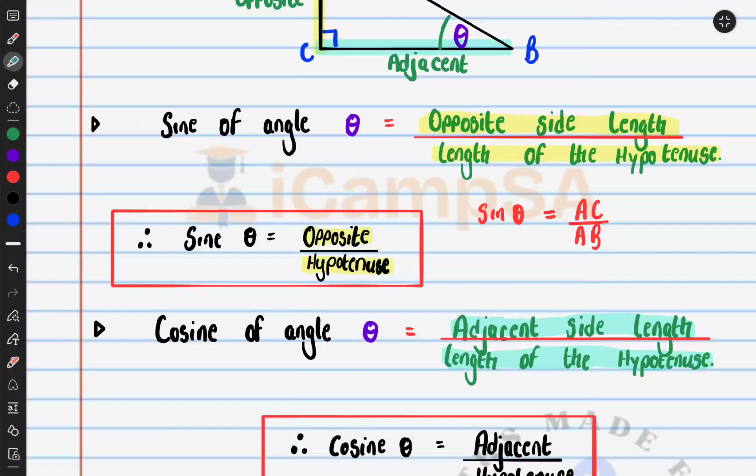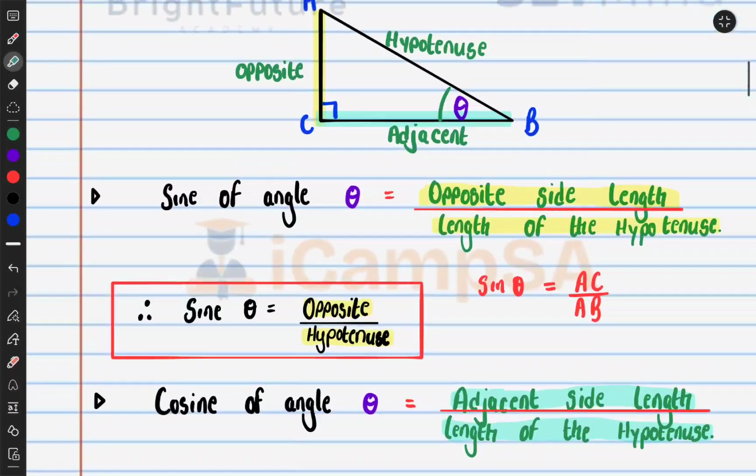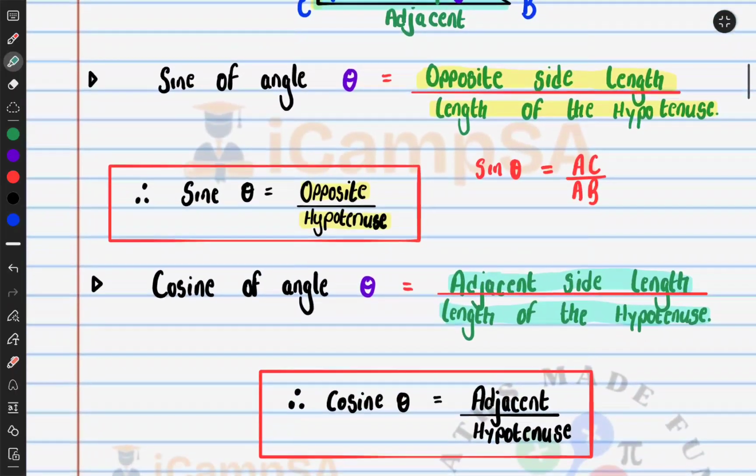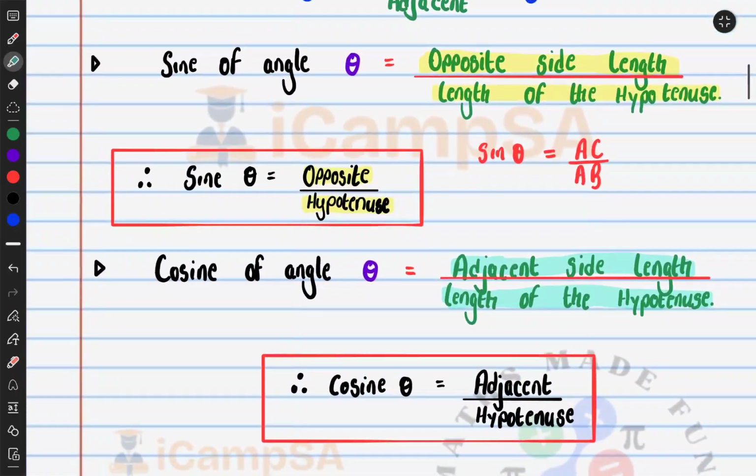So the denominator is common. It's always going to be the hypotenuse side for the sine trigonometric ratio, and then the cosine trigonometric ratio. Okay, so cosine of an angle theta is equal to the length of the adjacent side over the length of the hypotenuse side. So in simple terms, cosine theta is equal to adjacent over the hypotenuse side.